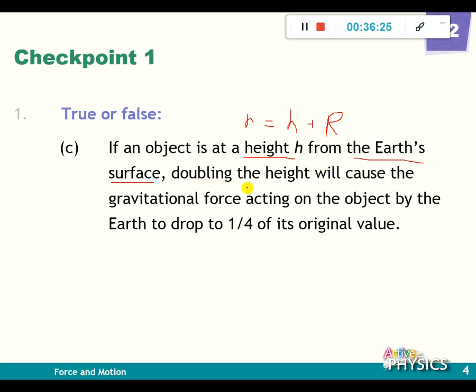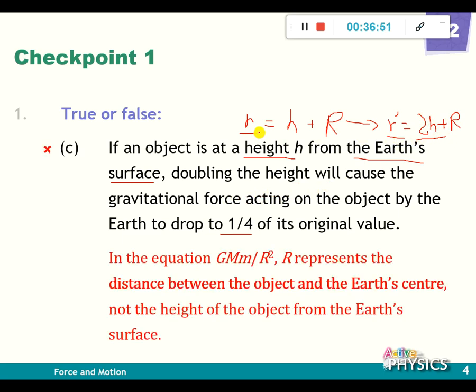This one, doubling the height will cause the gravitational force acting on the object by the Earth to drop to 1/4, a quarter of it. It means that the new r should be for double the height, 2h plus r. You can see that this r and that r are not doubled, so this one is wrong. Okay, pay attention to this.